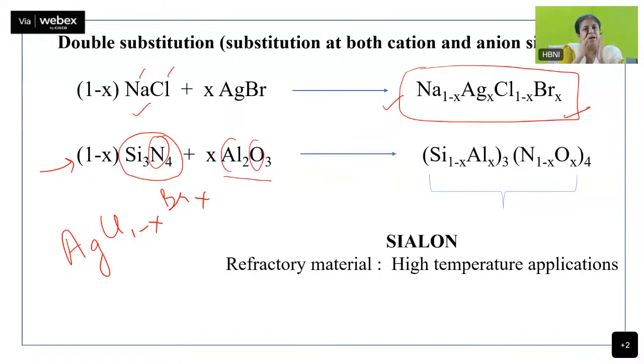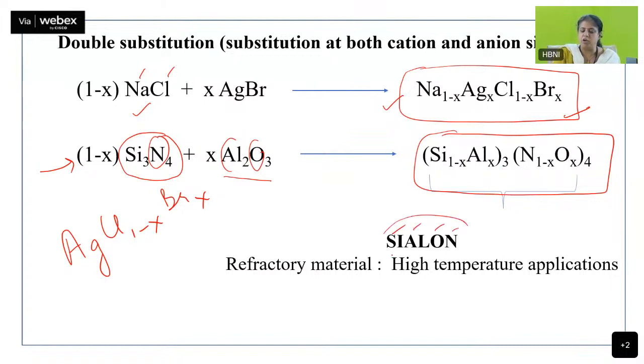So I'm replacing by the cation which is lesser charge, replacing by the anion which is also lesser charge. So the electroneutrality is taken care of, and this kind of material, silicon, aluminium, oxygen, nitrogen, are also given a pseudonym, sialons.